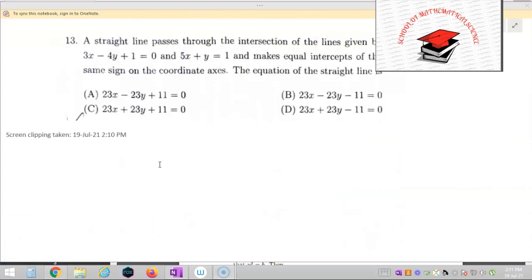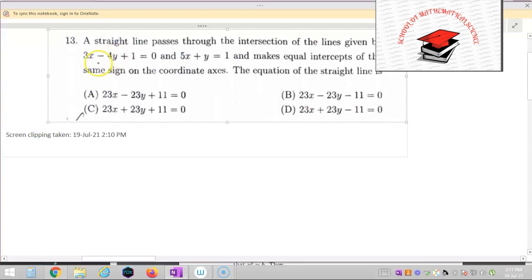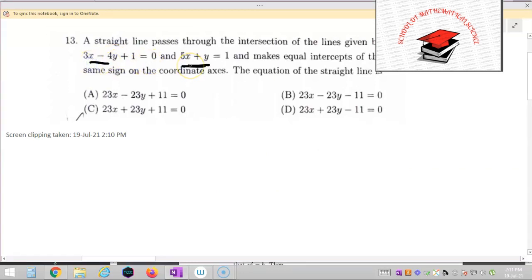Now solve the question number 13, which says that a straight line passing through the intersection of these two lines makes equal intercepts of the same sign on the coordinate axes. So if x and y are both positive, it looks something like this.